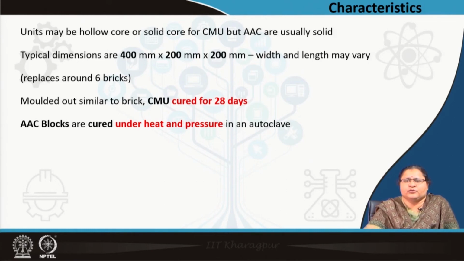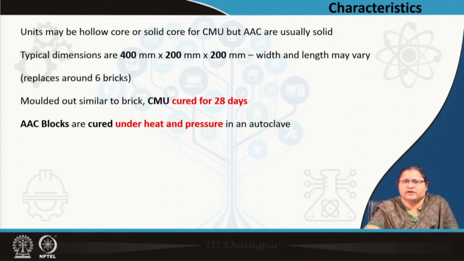So, brick was a molded unit, but after that it went in for burning. But here these are made mostly with cement in them, and it requires the hydration part for gaining strength, and it is to be cured for 28 days. Whereas in AAC block, you see 2 A's are there, one is for air, as I told you, aerated, and one is for autoclaved.